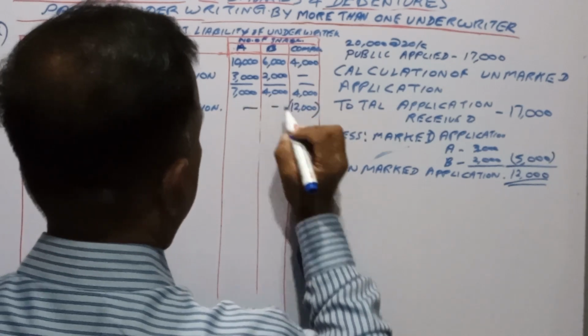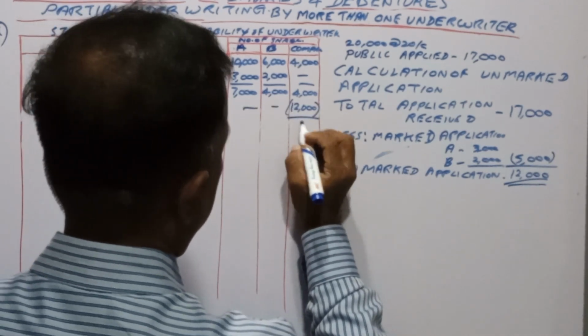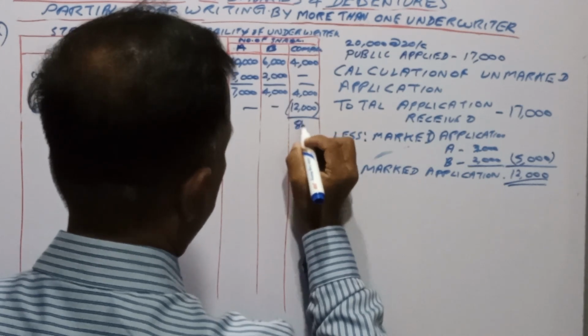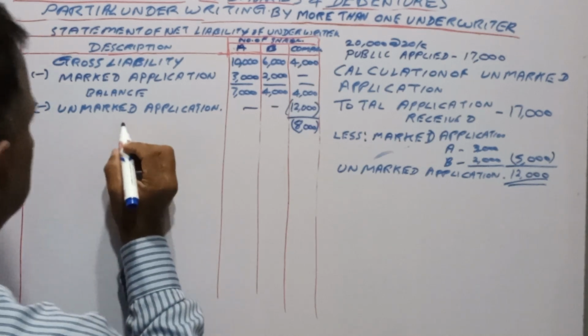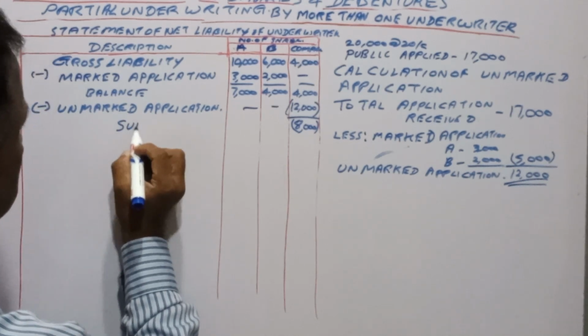Then if you deduct 4,000 from 12,000, 8,000 is the surplus.